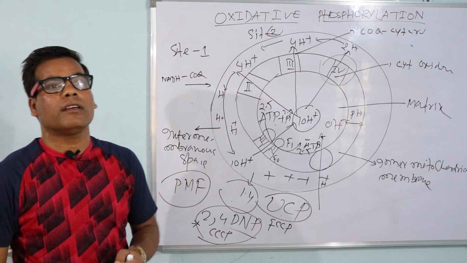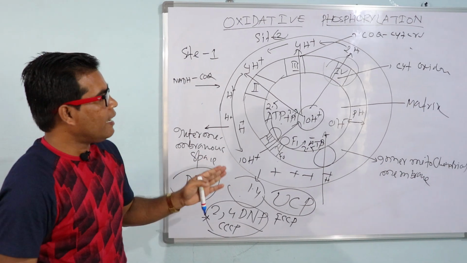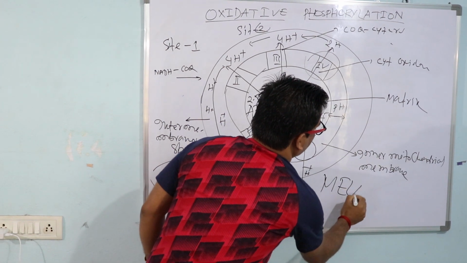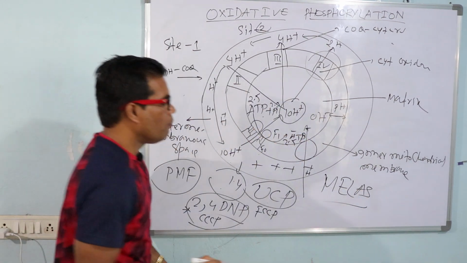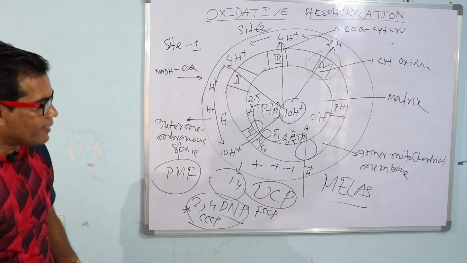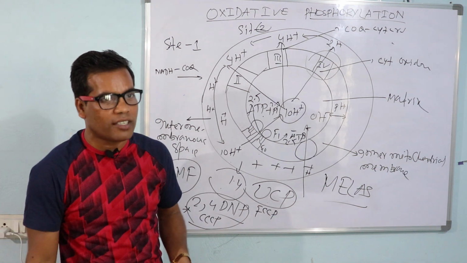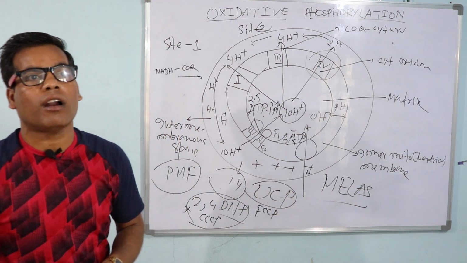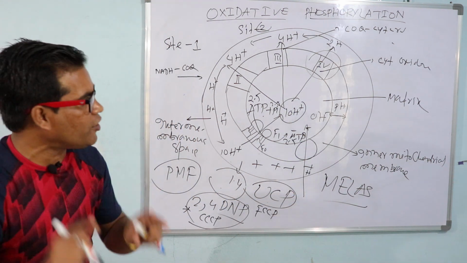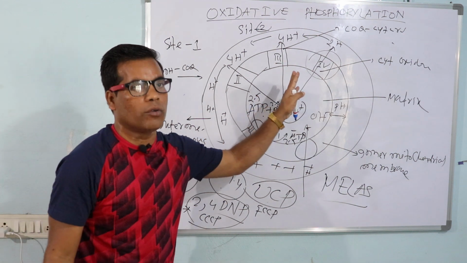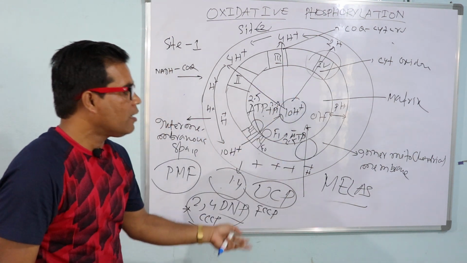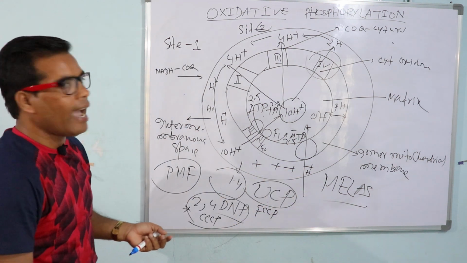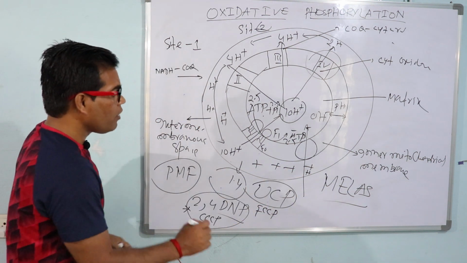One disease is developed, that is called MELAS, mitochondrial encephalopathy, lactic acidosis and stroke. It is defined as an inherited disorder characterized by the deficiency of complex 4. It will lead to mitochondrial encephalopathy, lactic acidosis and stroke.